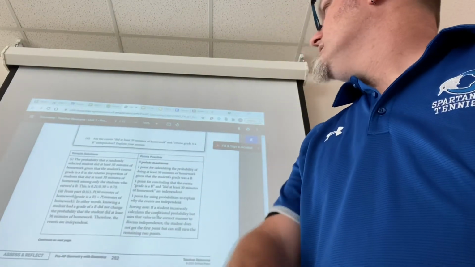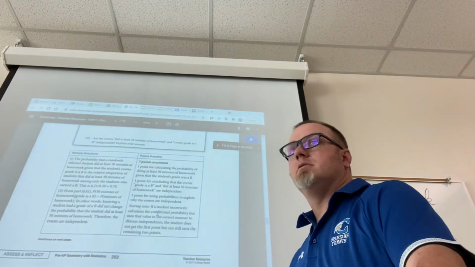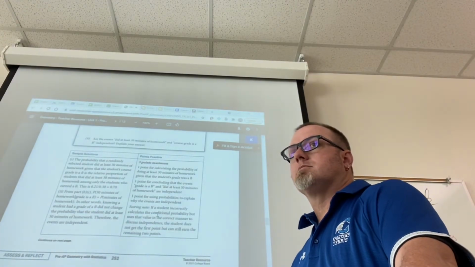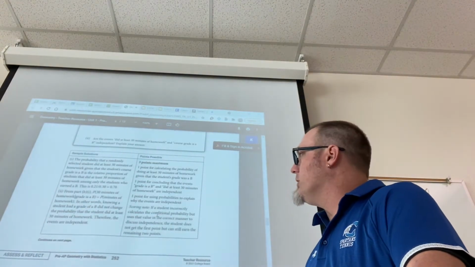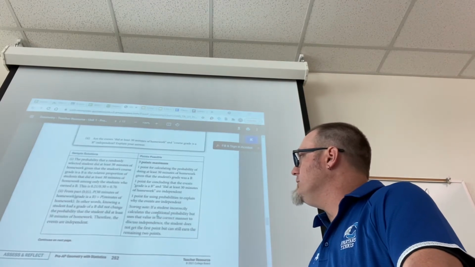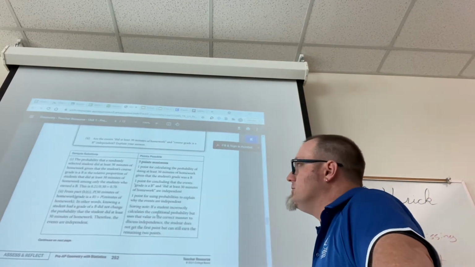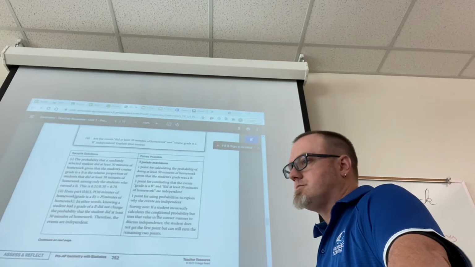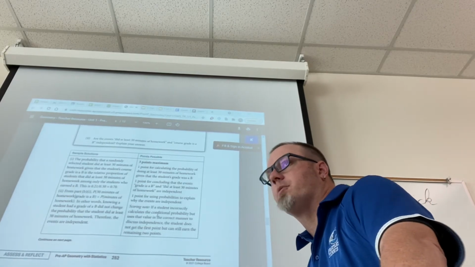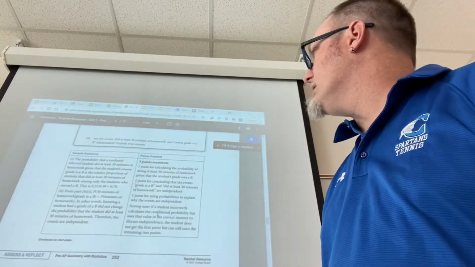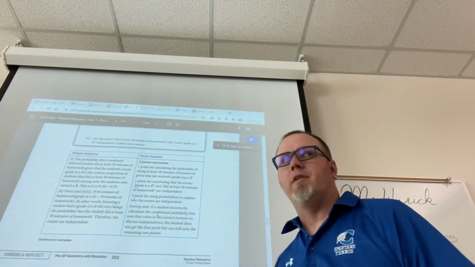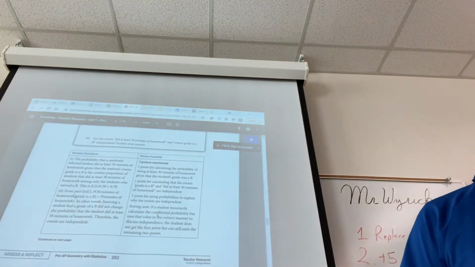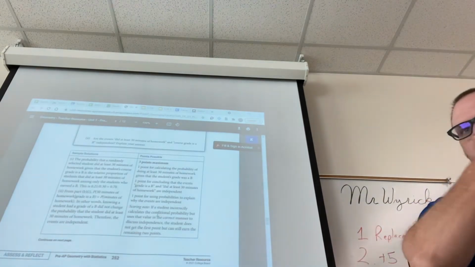So for part I and part II, if you did both of those right and you use the probabilities to explain, you should get all 3 points. If you didn't use the probabilities to explain why they are independent, then it's not good.